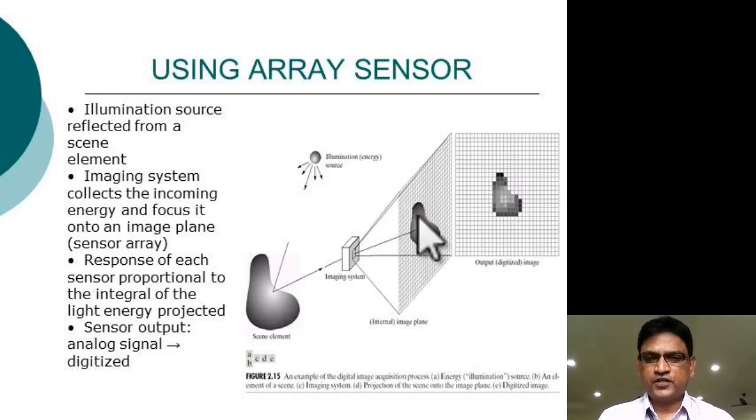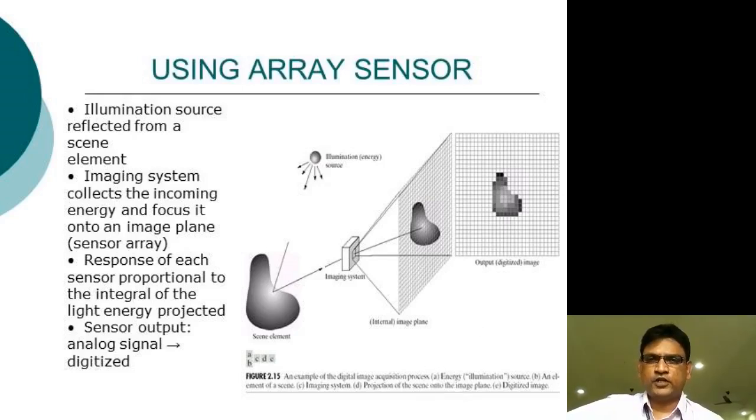The energy is incident on the surface of the sensor, and the sensor will integrate the amount of energy in a slow manner, and then it converts into a digital form. So finally we get analog output of the sensor, and in between we use a sweep circuit, and these sweep circuits will transform the energy into a digital format.